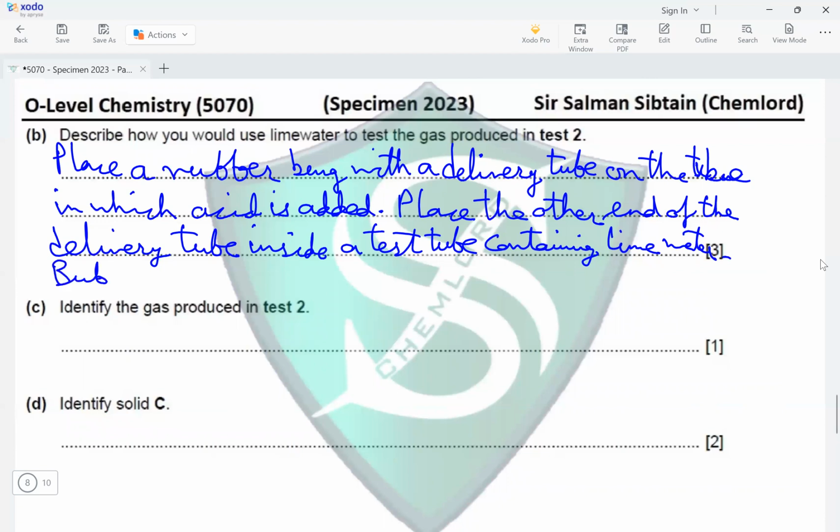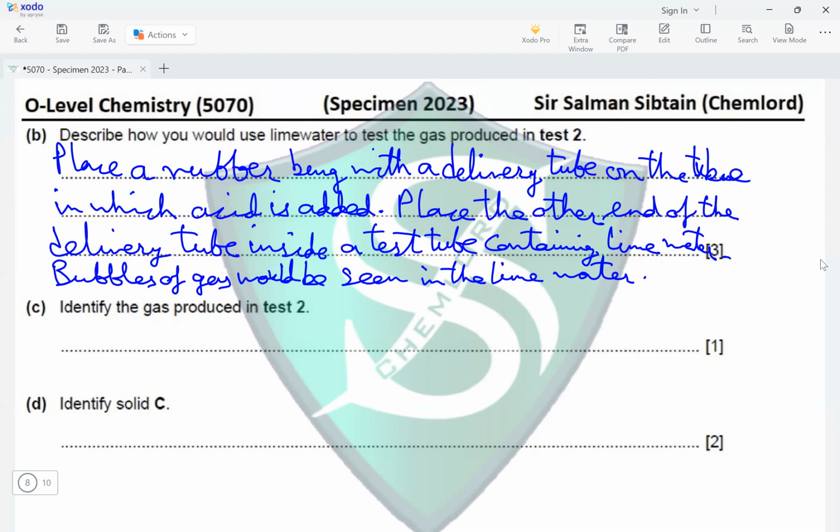Bubbles of gas would be seen in the lime water. So when bubbles of gas will be seen in the lime water, and if this is CO2 gas, then the lime water would turn milky.